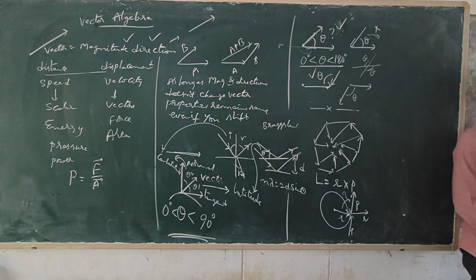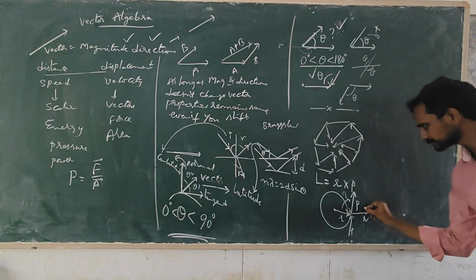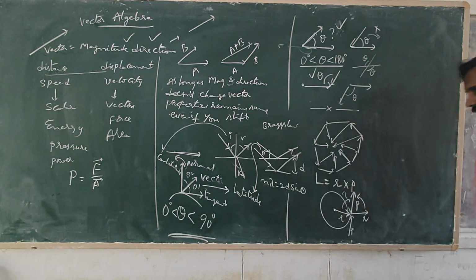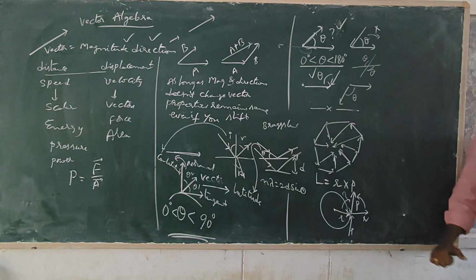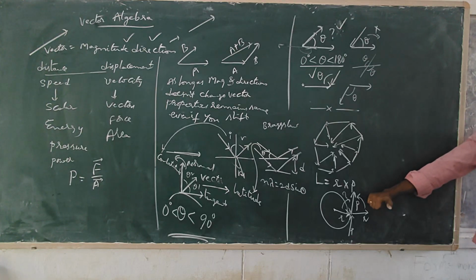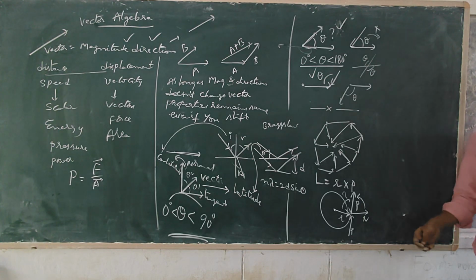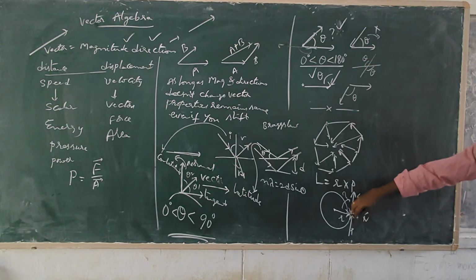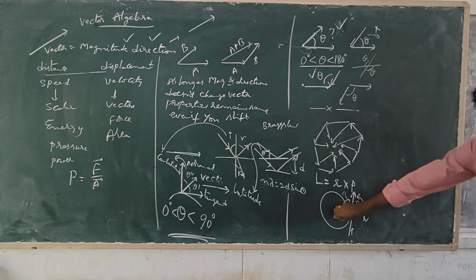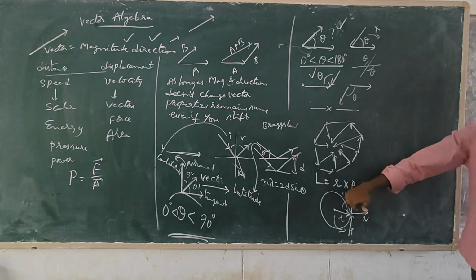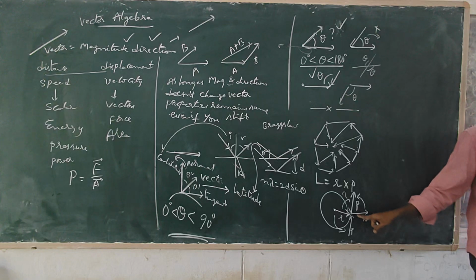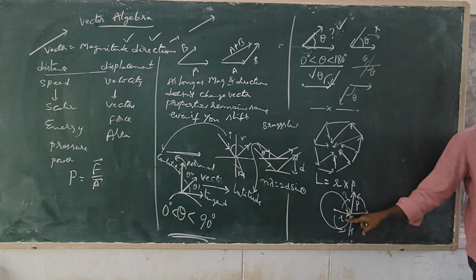Now tell me the direction from R to P. How to say it? So if your curl of fingers represents the direction of rotation from R to P. Okay? In the converging pair, from R to P, P is here.